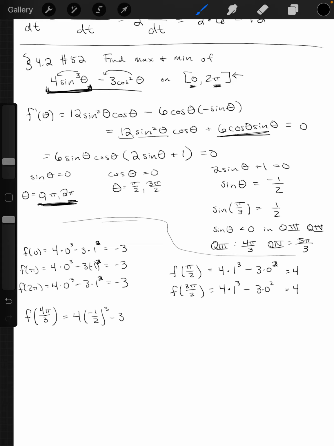And I realize that because it's the same thing that's going to come up here. If sine is plus or minus 1/2, cosine is going to be either plus or minus root 3 over 2. And it turns out, because we're squaring the cosine terms, it doesn't matter which one of those it is. Since it's in quadrant 3 which has negative x values, it's negative root 3 over 2. But that's the same value as we get if it were positive. So this is negative 1/2 left over here.